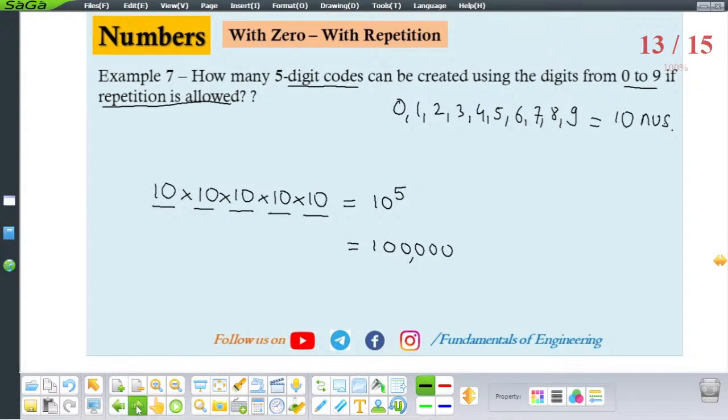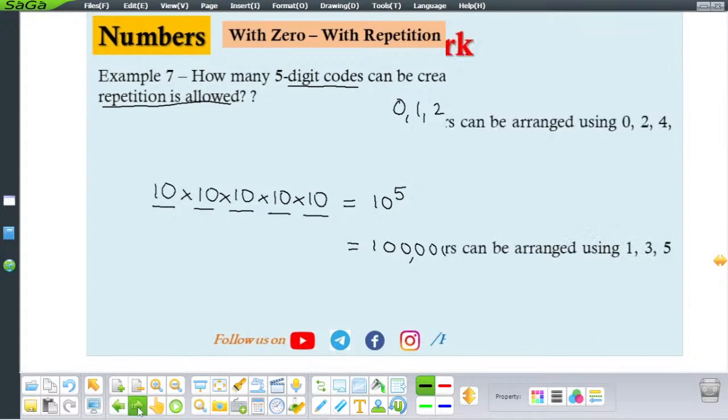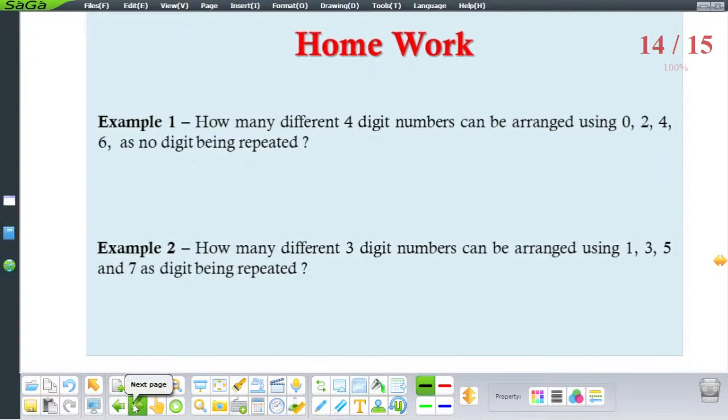If you understand all the points, you can solve these homeworks using the tricks or formula you want, and put the answers in the chat box.